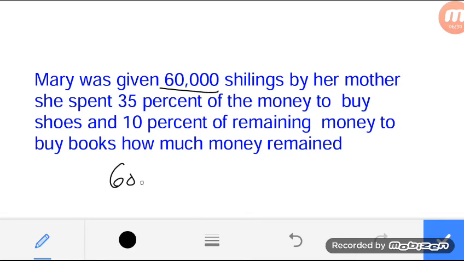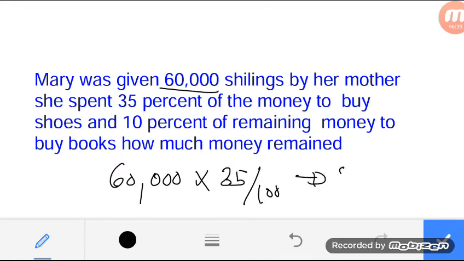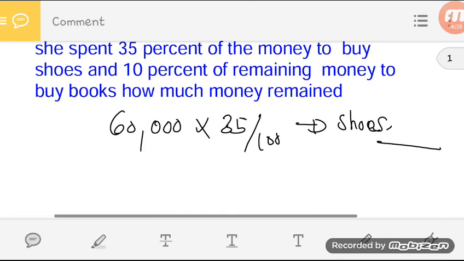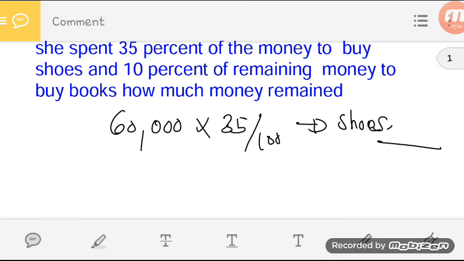So given 60,000 shillings, she spent 35% to buy shoes, and 10% of the remaining money to buy books. So the answer given here will be multiplied by the 10%.